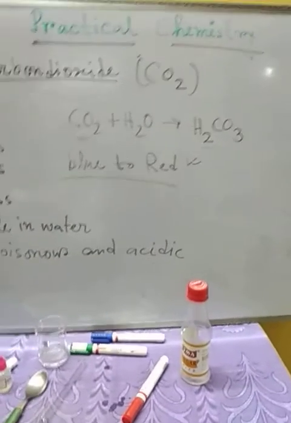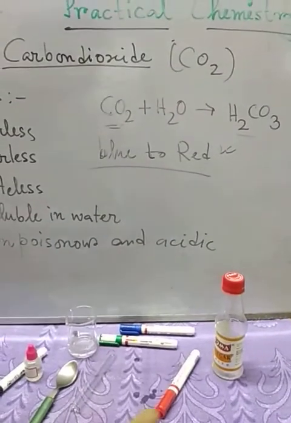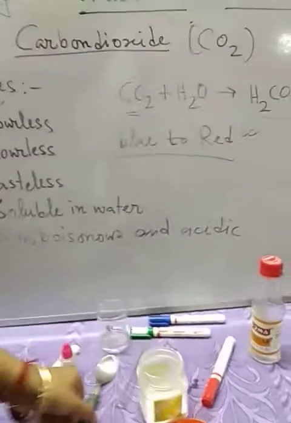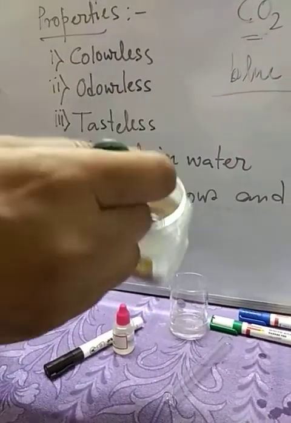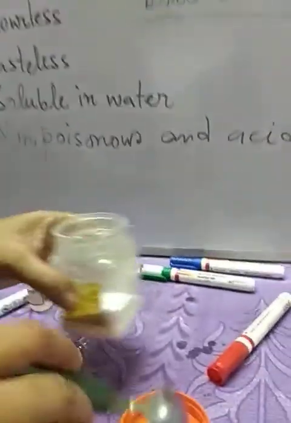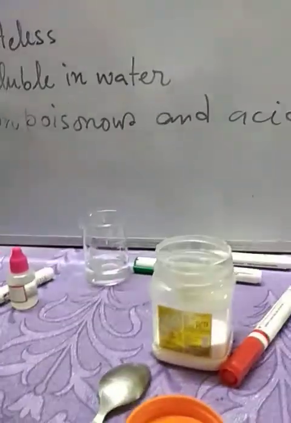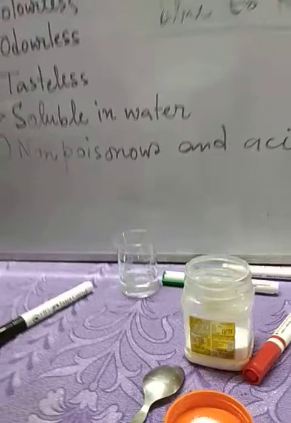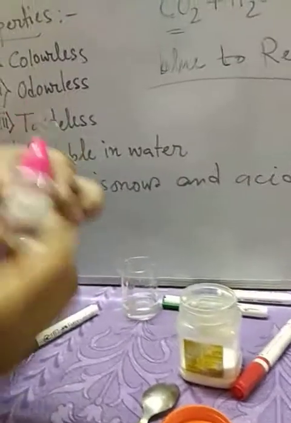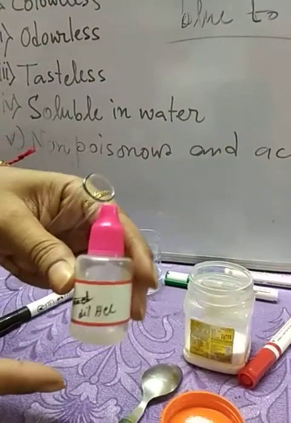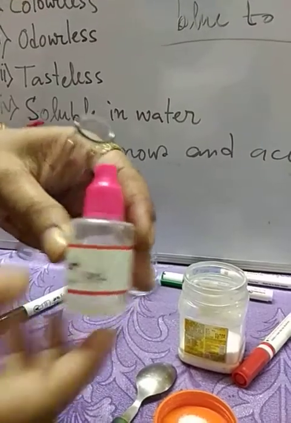Now we are going to produce carbon dioxide. Here I have taken some baking soda, which is easily available in the market. In a test tube, first of all, I will do this reaction with dilute hydrochloric acid.